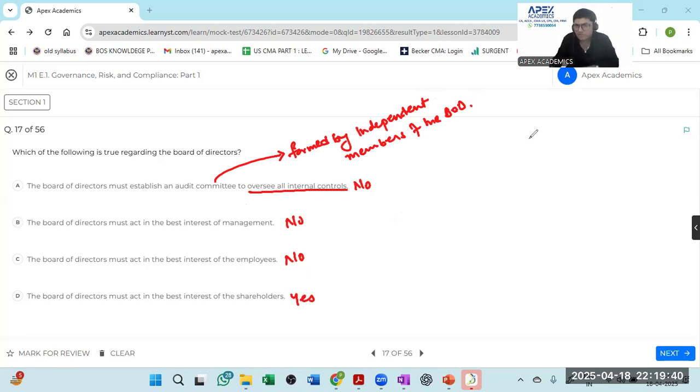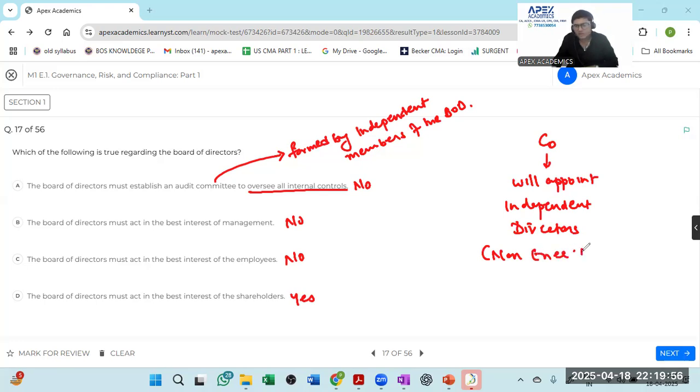So what is the process? Sir, the company will appoint independent directors. What will the company do? The company will appoint independent directors, also known as non-executive directors.